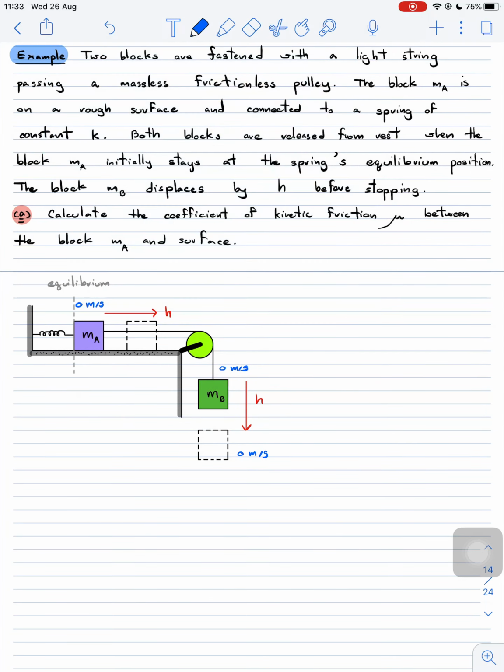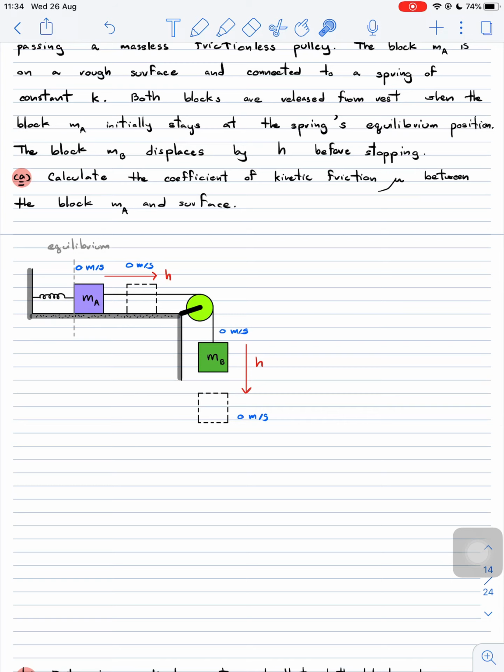Then it's going to stop here at 0 meters per second. For part A, we want to calculate the coefficient of kinetic friction, mu, between the block A and the surface.